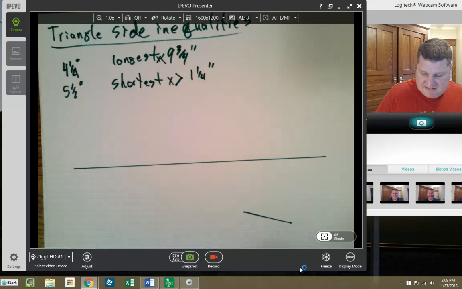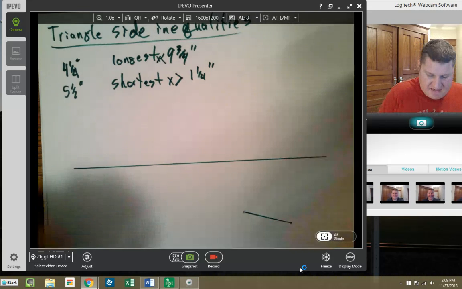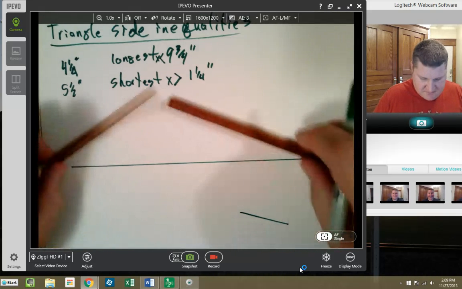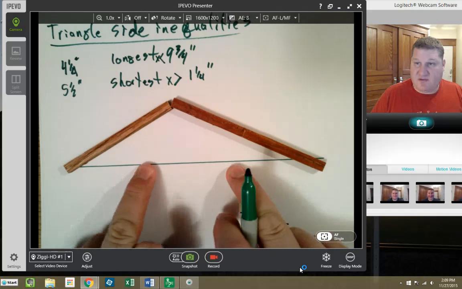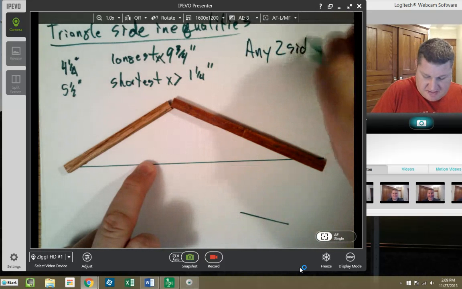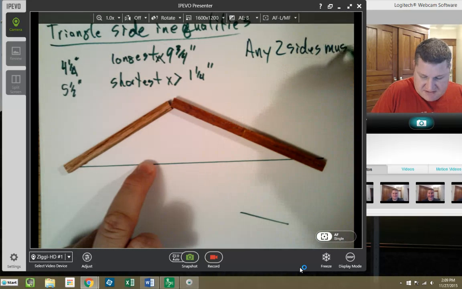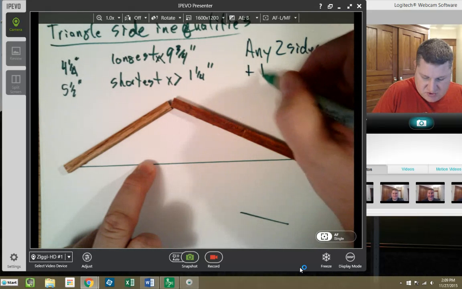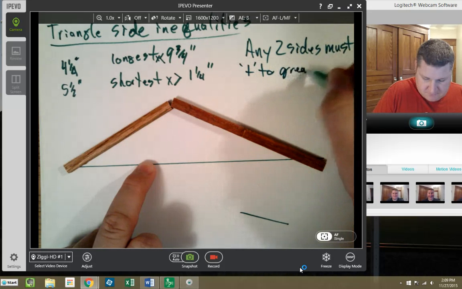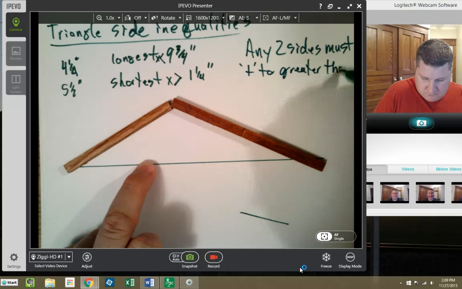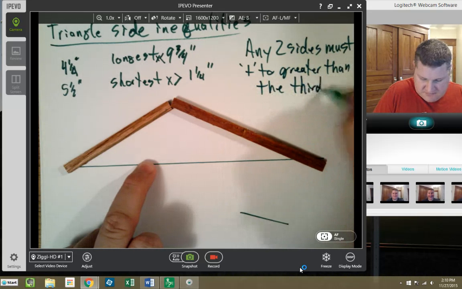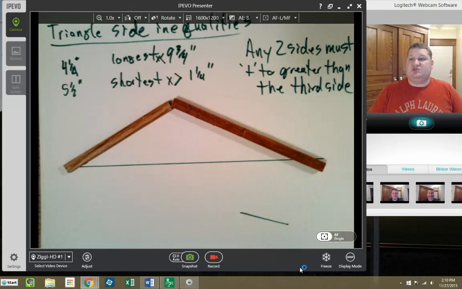The key to this is that any two sides of a triangle, any two sides, must add to greater than the third side.